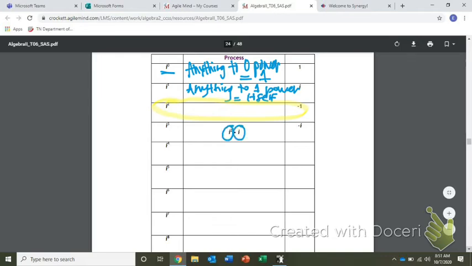How many i's do I have total now? 3. That equals a negative i. Because what is i squared? Negative 1, and a negative 1 times an i is a negative i.